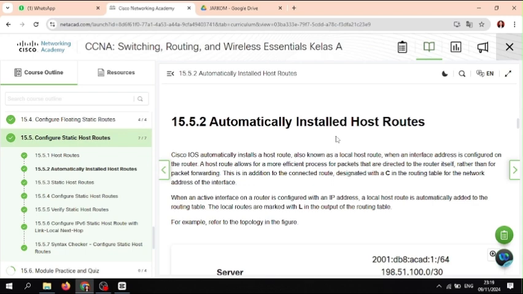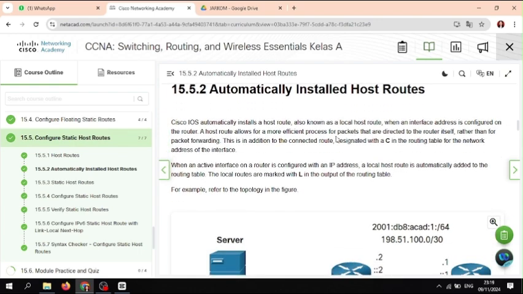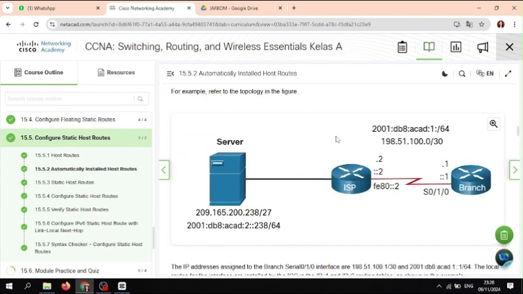Yang artinya itu merupakan tambahan rute yang terhubung yang ditandai dengan C dalam tabel peruteran untuk alamat jaringan interface. Jika interface aktif pada router dikonfigurasi dengan alamat IP, rute host lokal secara otomatis ditambahkan ke tabel routing. Rute lokal ditandai dengan L dalam output tabel routing.